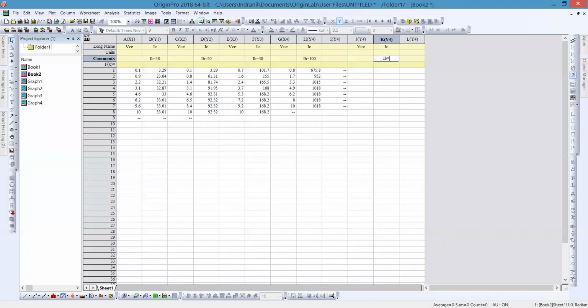Write it down. IB equals, let's have 10 microamps.